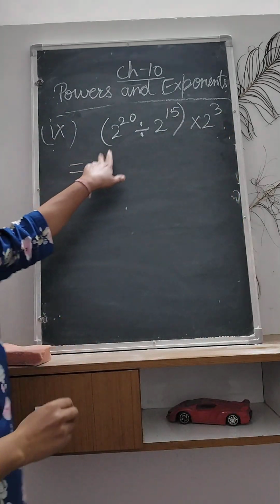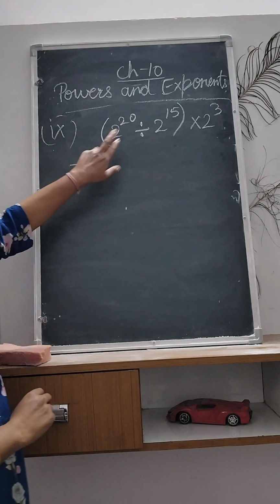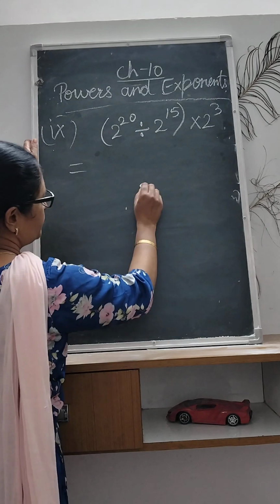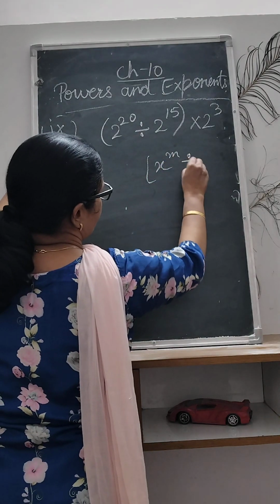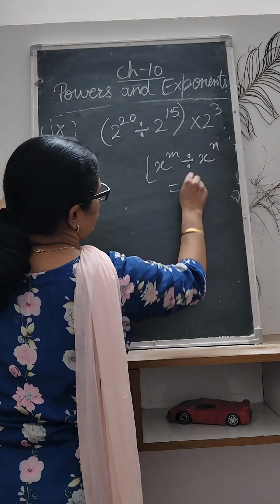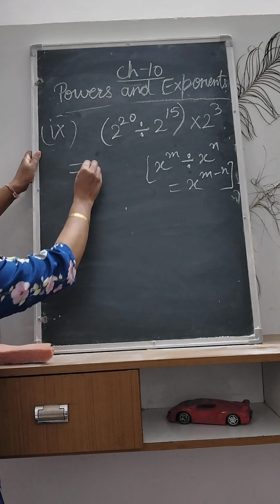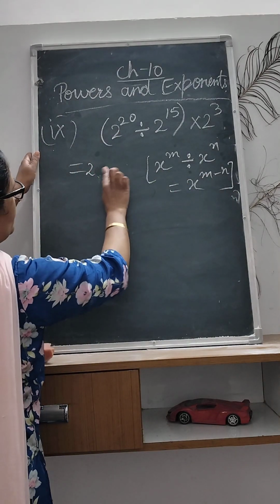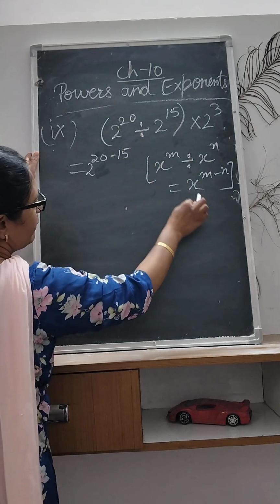So now students, first of all this bracket is there, okay? So bracket we will solve this. Now division, again you can mention x raised to power m division with x raised to power n, because division is there, powers would be subtracted. So 2 raised to power 20 minus 15, this law we have applied.